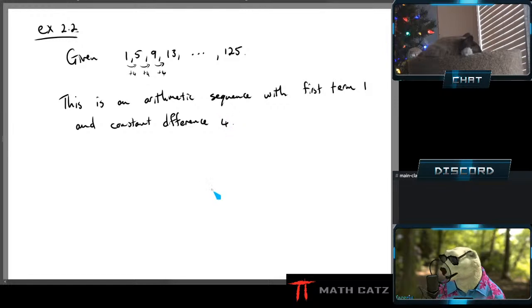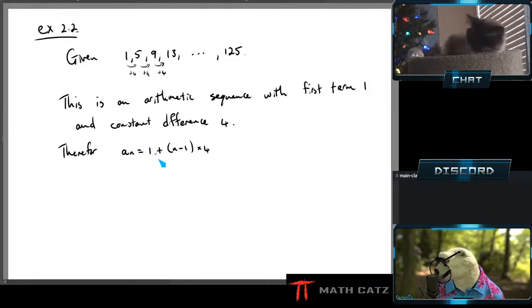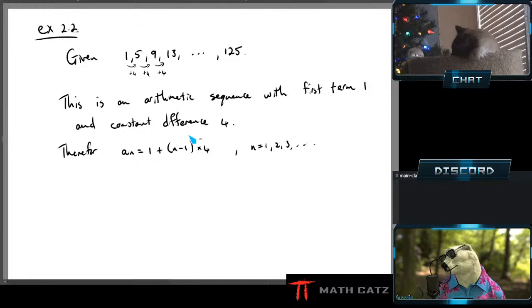Because it has these properties, starting somewhere and then adding the same number every single time, it's classified as an arithmetic sequence, and therefore I can use the explicit formula, which has this template form, just filling in this specific first term and this specific difference. Positions 2, 3, all positions will work for that formula.